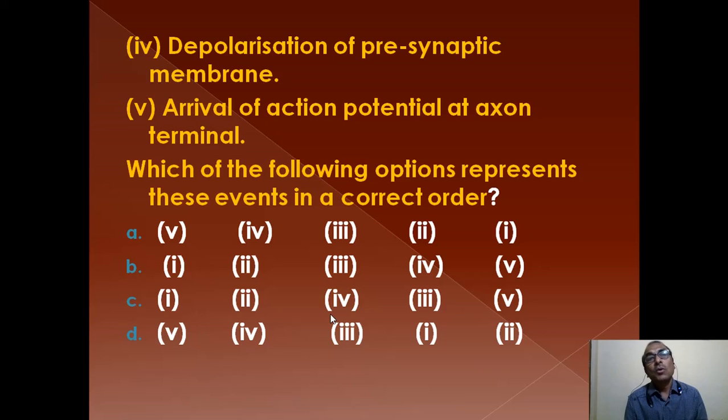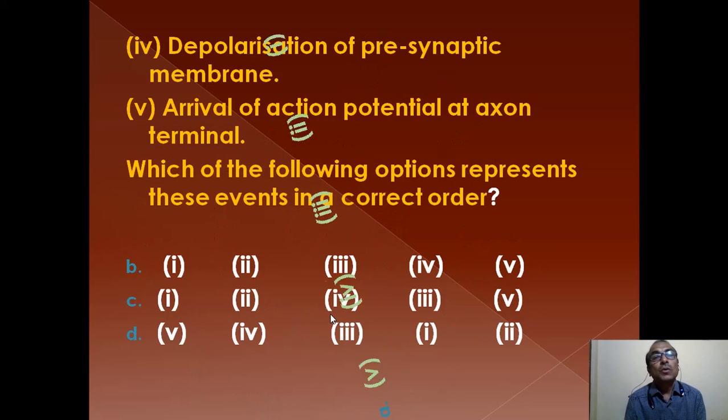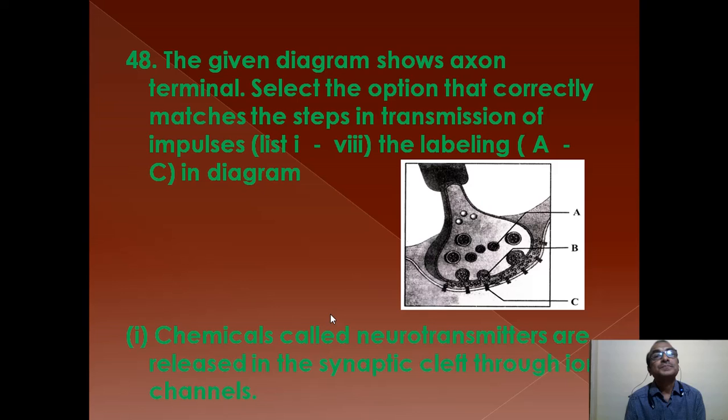Here the correct order, we have to start from statement 5 and go to the upper statements, that means in reverse way, 5, 4, 3, 2, 1. So option A is correct.